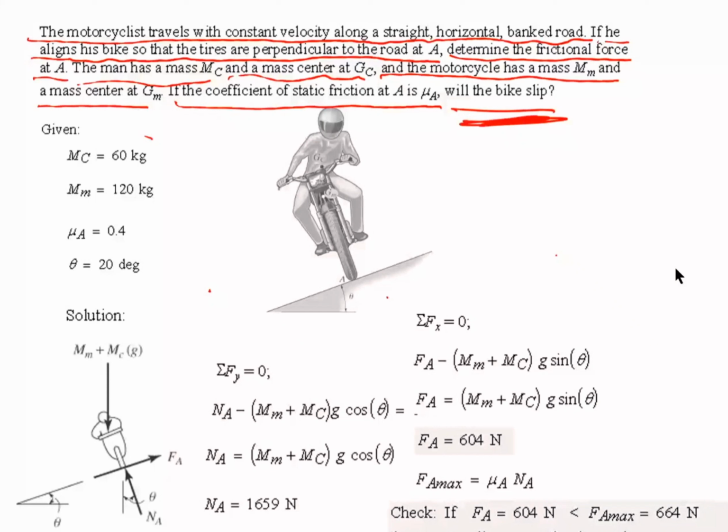So our maximum friction is 664. And what you're calculating, you're getting 604. So it's not going to slip. Now, the coefficient of friction for 1020, how much is that? The coefficient is 0.4, I guess. Yeah. It comes out to be, sir, for 1020, 0.36.